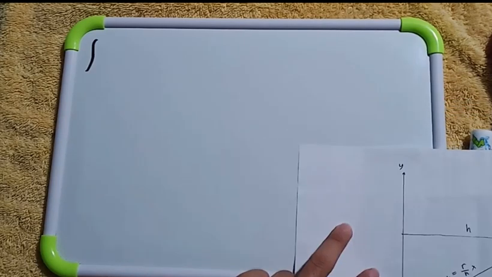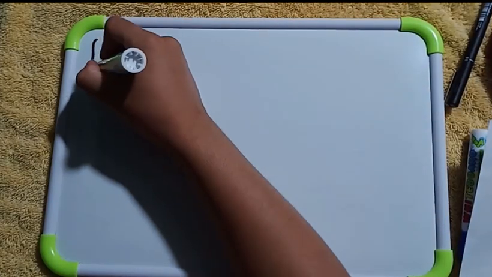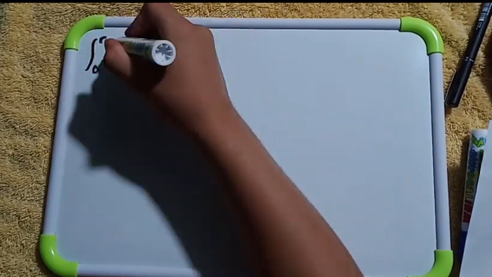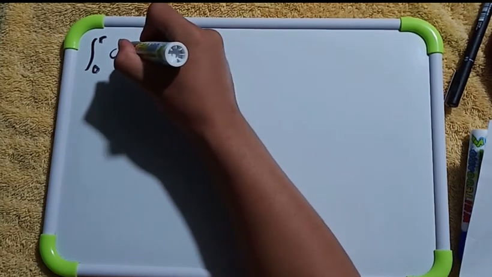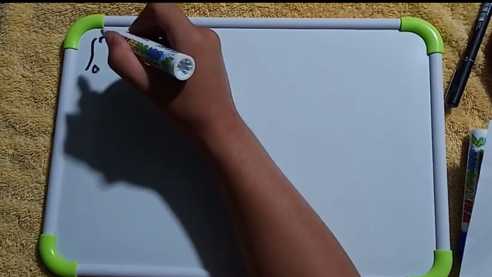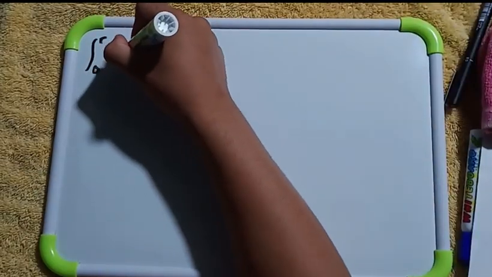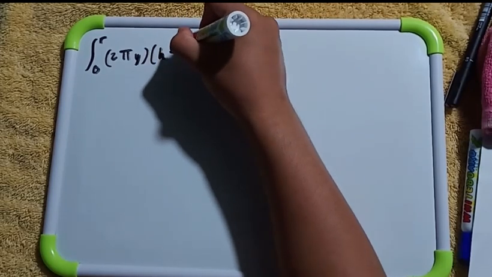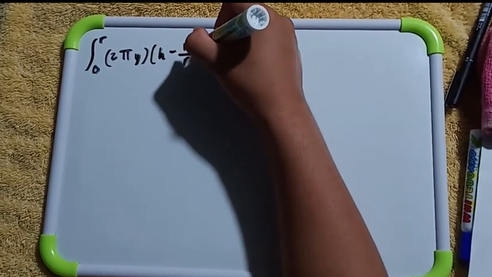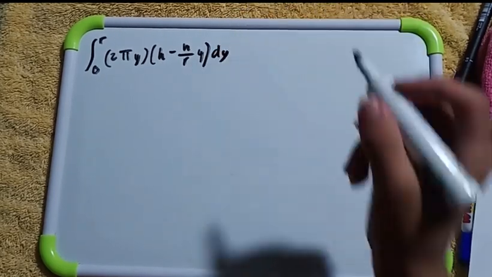Magiging limits natin ay 0 to r. And then, yung kanina, which is yung magiging area natin na circumference is equal to 2 pi y times h minus h over r y dy.